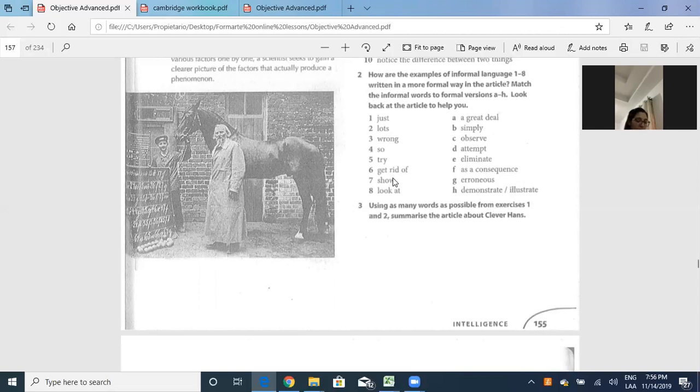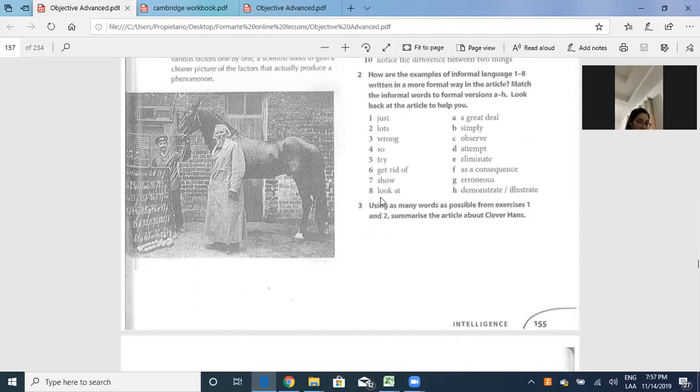Get rid of is when you say I'm going to get rid of this. Eliminate. Yes, correct. That is the word. Then number 7, show. Demonstrate or illustrate. Correct. Demonstrate or illustrate.